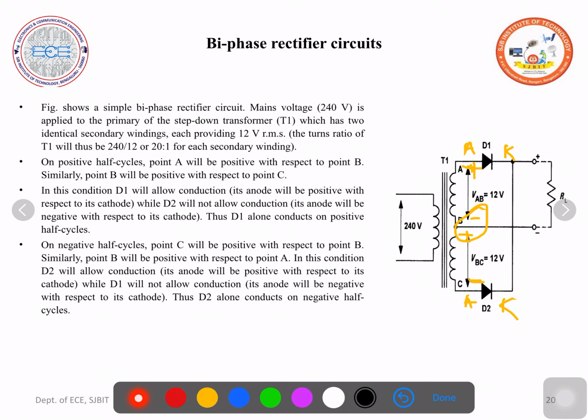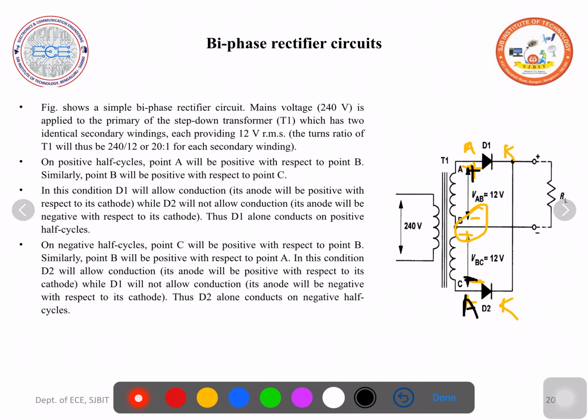The positive terminal will make the diode D1 forward biased because the anode is at positive potential. The negative potential at the bottommost terminal of the bottom half of the secondary winding will make the anode of D2 negative. So D2 is off, no current flows. So during a positive half cycle, D1 conducts.